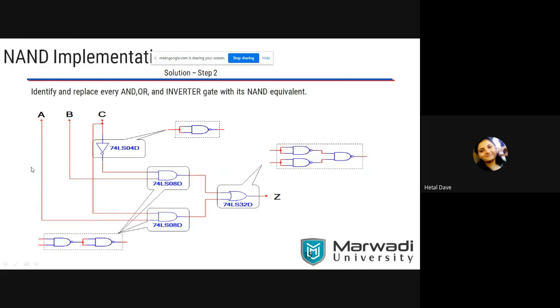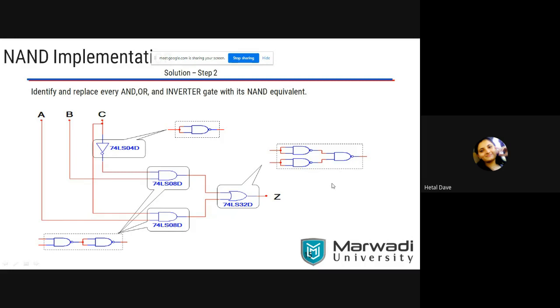So here we have replaced this NOT gate by this NAND gate where the inputs are shorted together. The AND gate will be replaced by this back-to-back connection of NAND gates, and the OR gate will be replaced by means of this circuit.